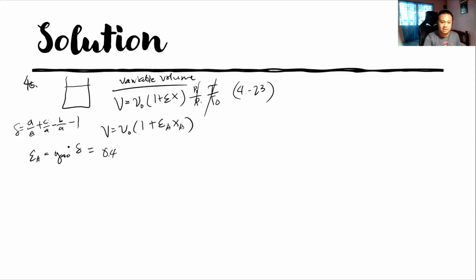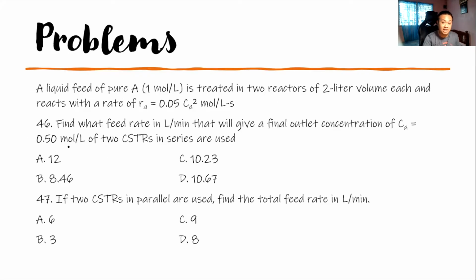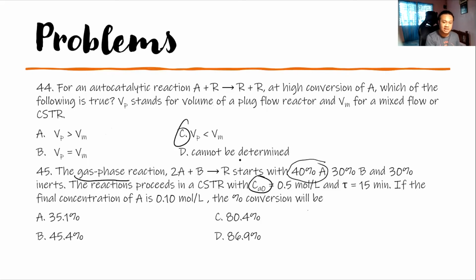Okay, so that's just referring to the stoichiometric coefficients, dividing by the stoichiometric coefficient of A. Okay, so we have here 2A plus B to R. So if we divide that by 2, A plus 1/2 B gives 1/2 R.